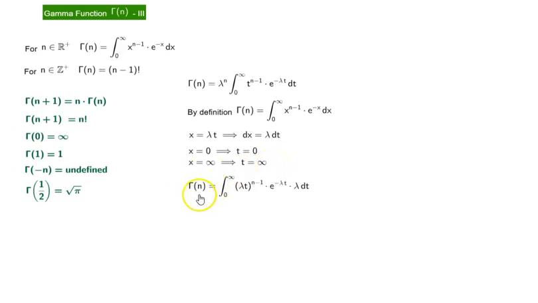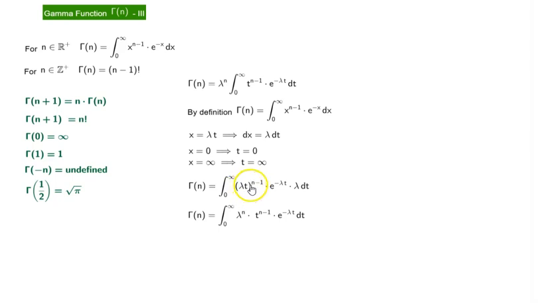Okay, so gamma of n is equal to the integral from 0 to infinity, since the limits don't change, of x to the power of n minus 1. x is lambda t, so lambda t to the power of n minus 1 times e to the power of minus x, so e to the power of minus lambda t, times dx, that is lambda dt.